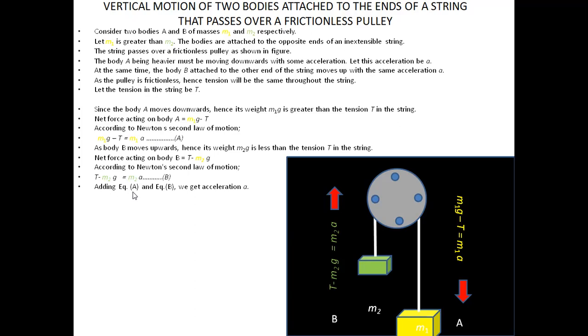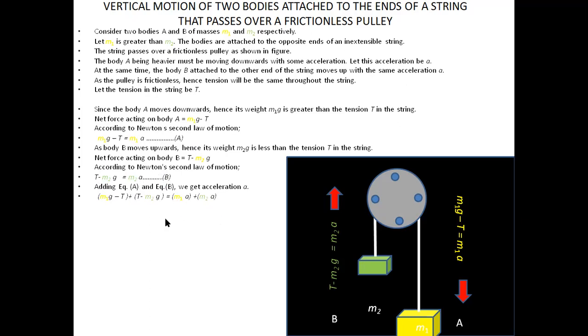We can add equation A and equation B. So we add m1g minus T plus T minus m2g, the left hand sides of equations A and B, which is equal to m1a plus m2a, the right hand sides.